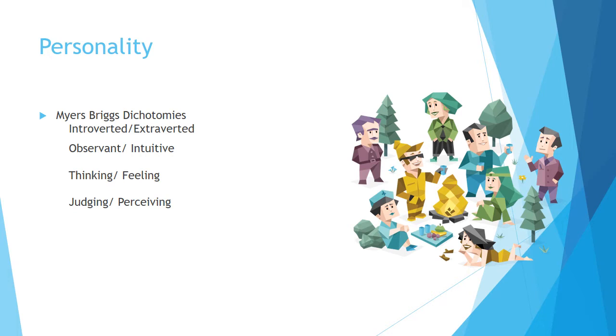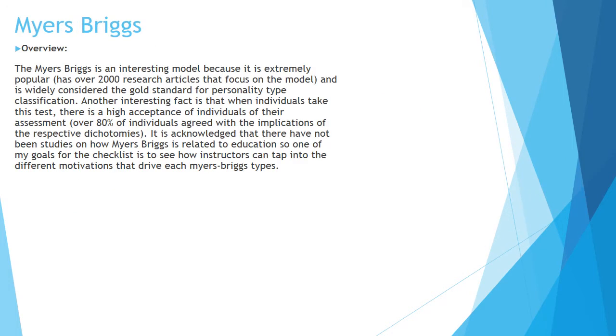So the Myers-Briggs dichotomies are the introverted, extroverted nature of the individual, observant or intuition, thinking and feeling, judging and perceiving. Now, what do I mean by it's the most popular? It's widely accepted that people that do have a stable personality often do fall under one of these categories.